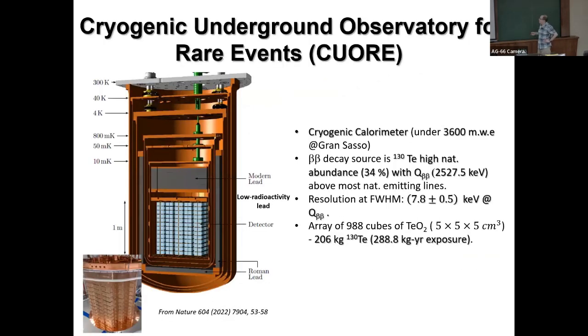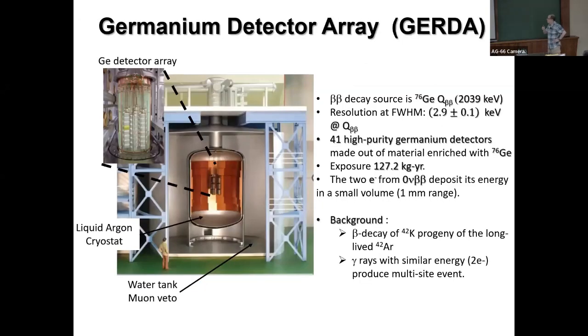So CUORE is an experiment that uses this kind of technique. It is using tellurium, which has high abundance, and this is an array of tellurium oxide crystals, corresponding to 288.8 kilogram-years of exposure. Another experiment is GERDA, which uses germanium detector arrays.